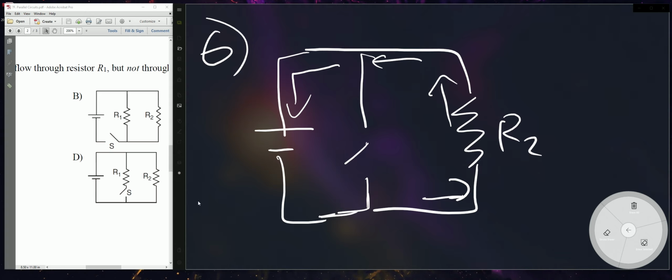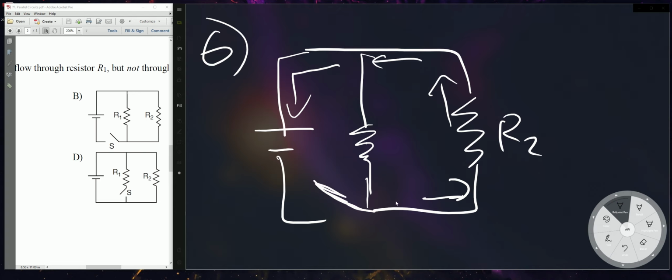Now let's look at option B. Option B is saying that the switch is all the way over here now, and this is open, right? That's what B is saying, which means that there's no electric current running through this circuit at all.